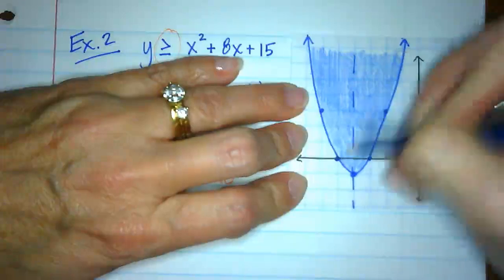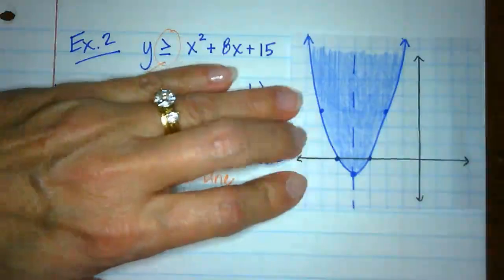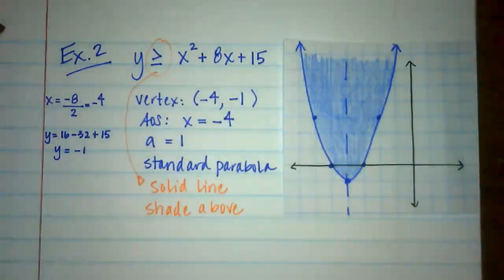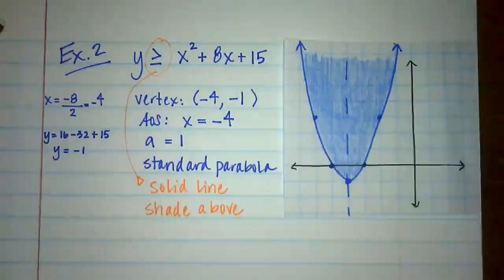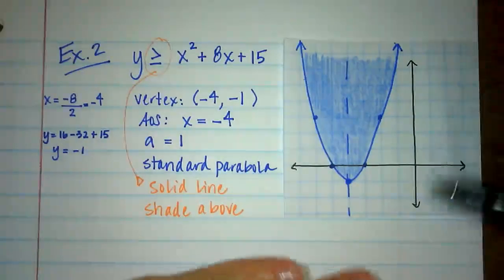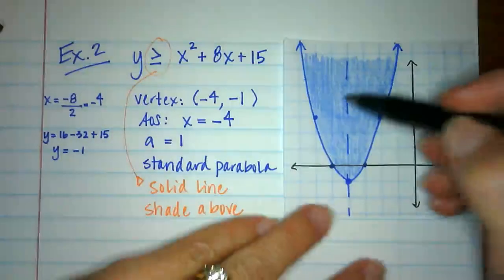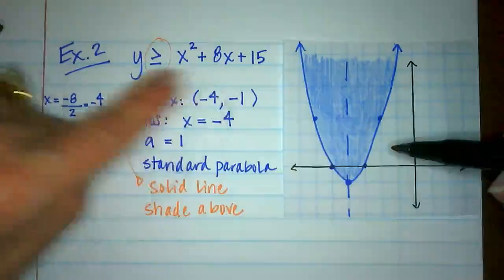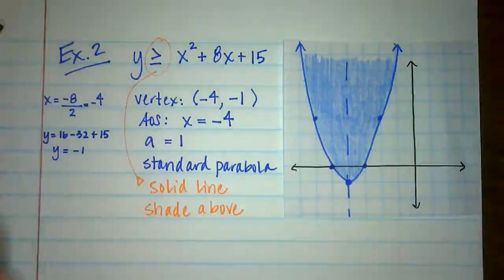All right, so that one shaded pretty well. Now let's talk about what this means for us. Remember that when we shade, we are showing the possible solutions for this parabola. If we pick something in the shaded area and fill it in for x and y, it would work.